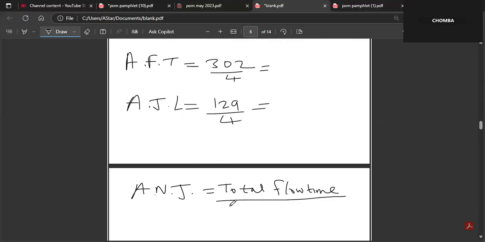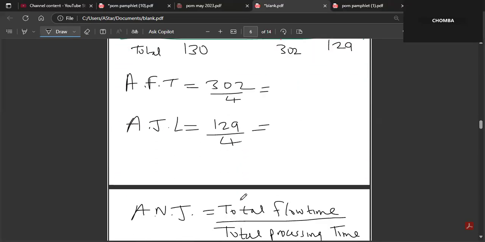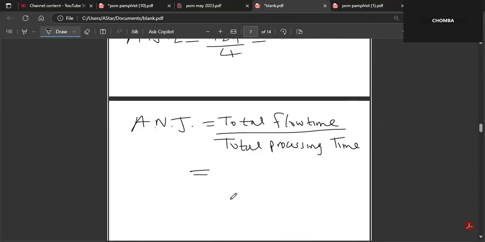over what? Total processing time. Are we together? So total flow time is what? 302 divided by 130.